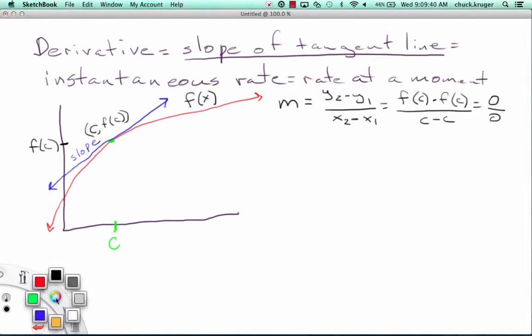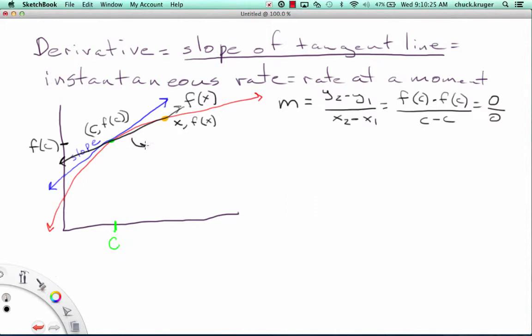So what we do is we get another point right here. That point is a distance away from that point. I'm going to call it x comma f of x. It's some point on the curve. It could be over here, or it could be over here. And what I'm going to do is connect those 2 points. And I don't have a tangent line.